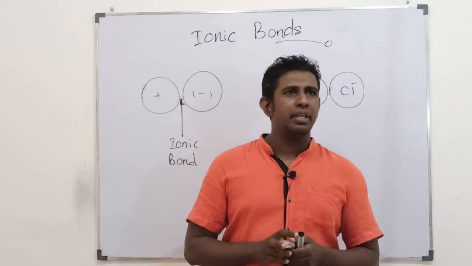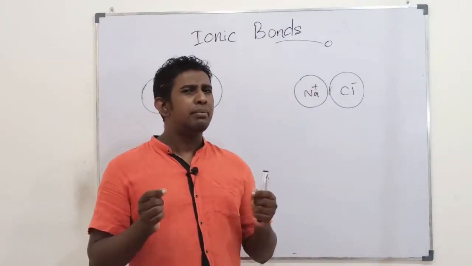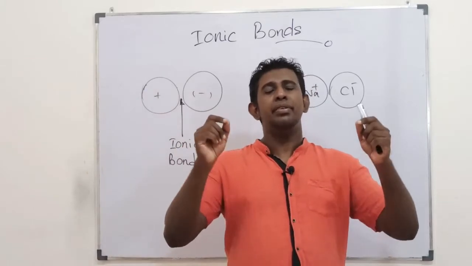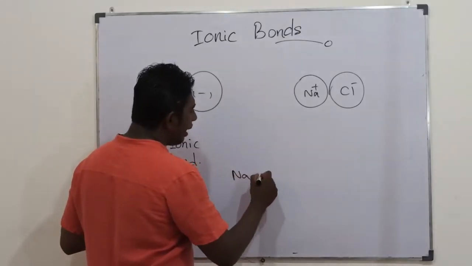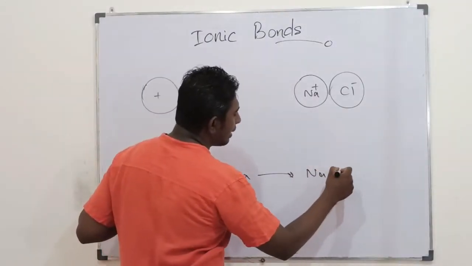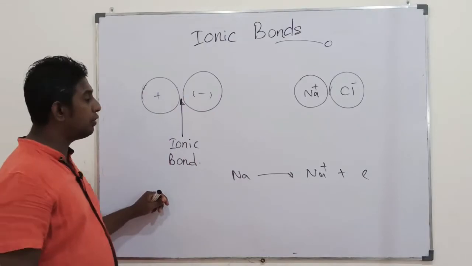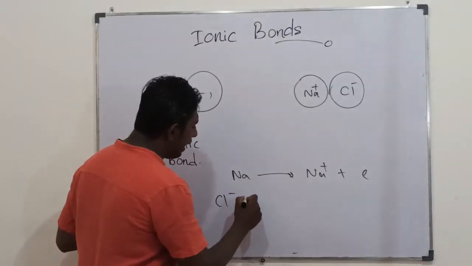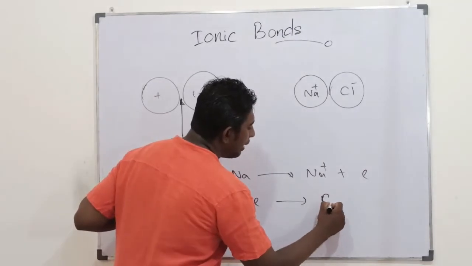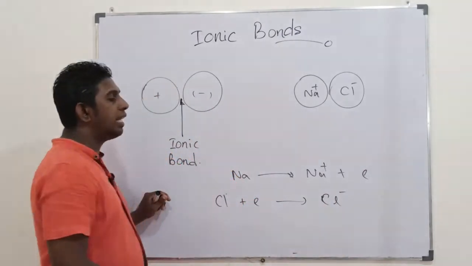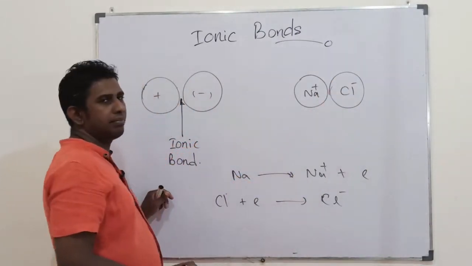Then students, for some reason, some students start with this: sodium loses an electron to form Na+, a unipositive cation. Chlorine gains that electron to form Cl-, a uninegative anion. Then they form the ionic bonding.